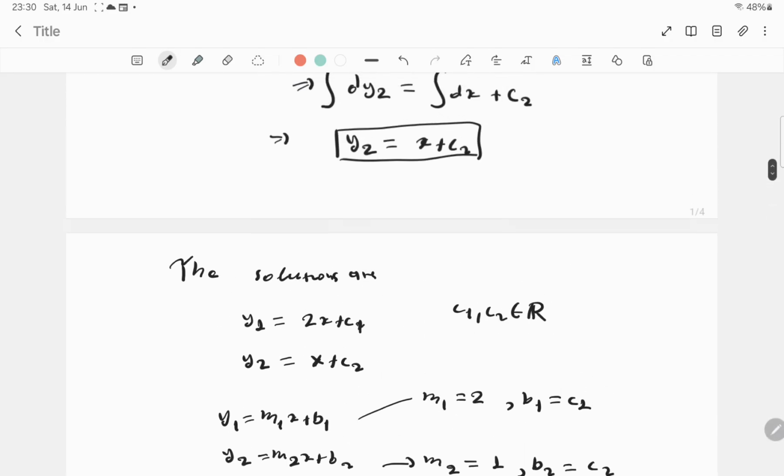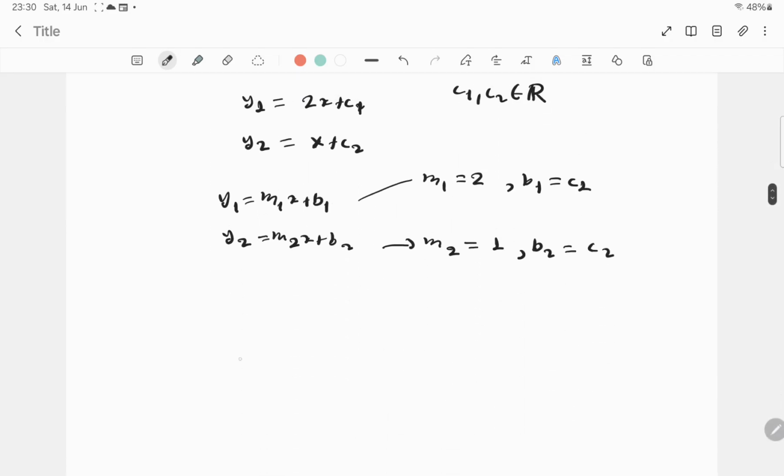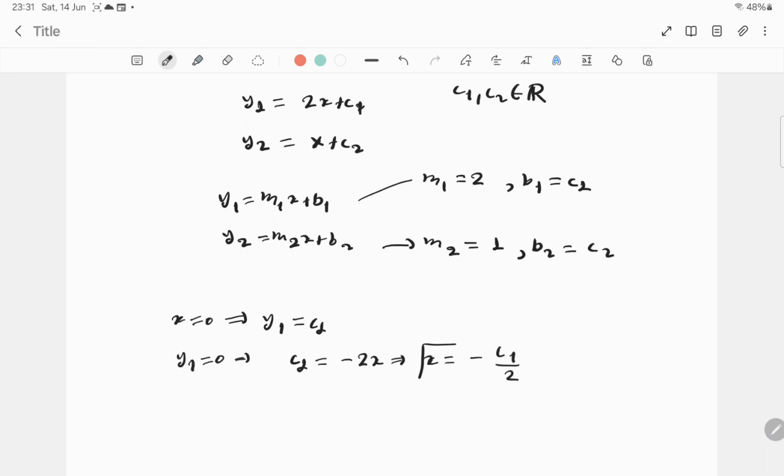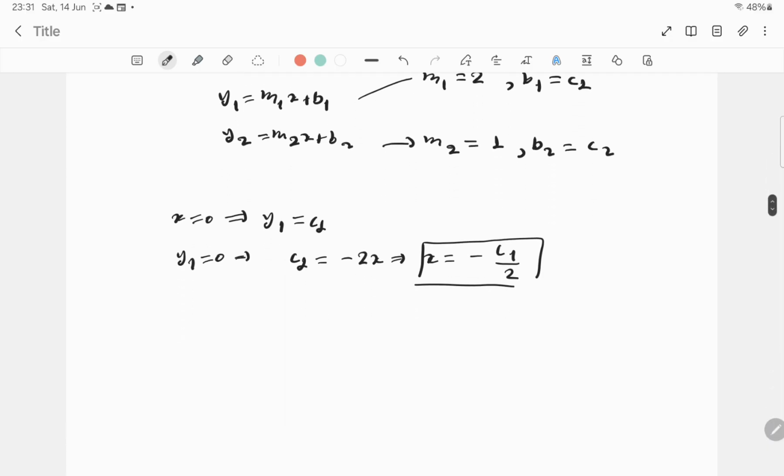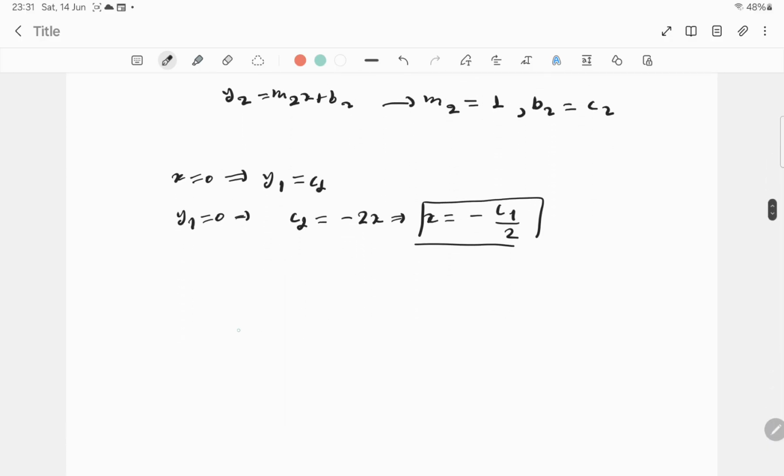So if we want to, we can also plot the lines. For x equal to 0, y1 equals c1, and for y1 equal to 0, 0 equals 2x plus c1, so x equals minus c1 over 2. So the solution looks like this.